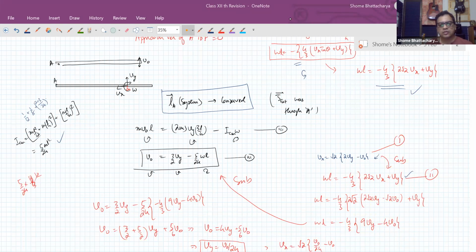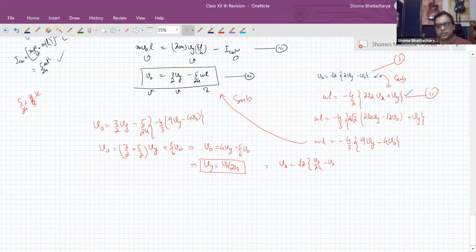Okay, so let me just check this out. So minus 4/3 into 2 root 2 into 2 root 2 Vy minus root 2 V naught plus Vy.